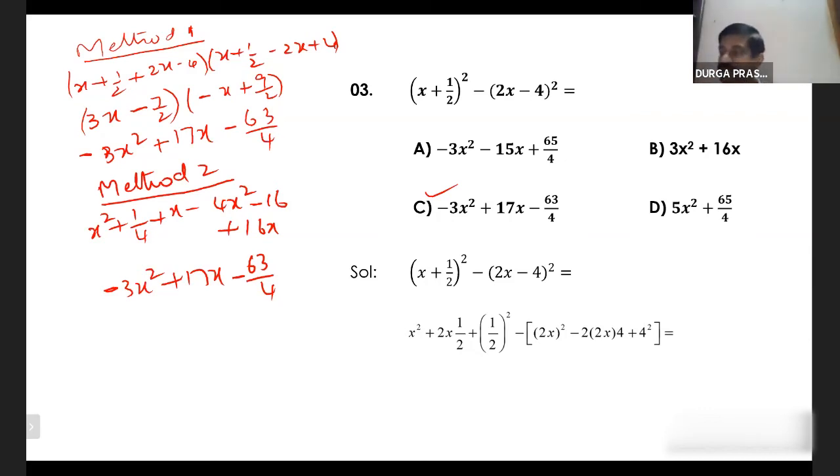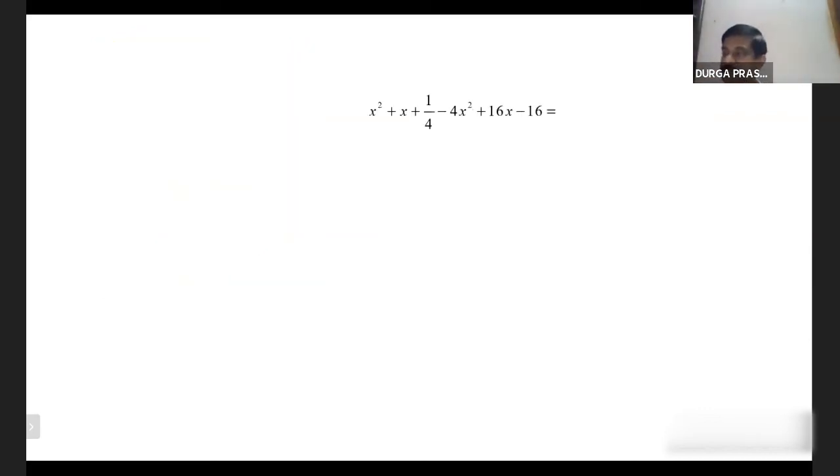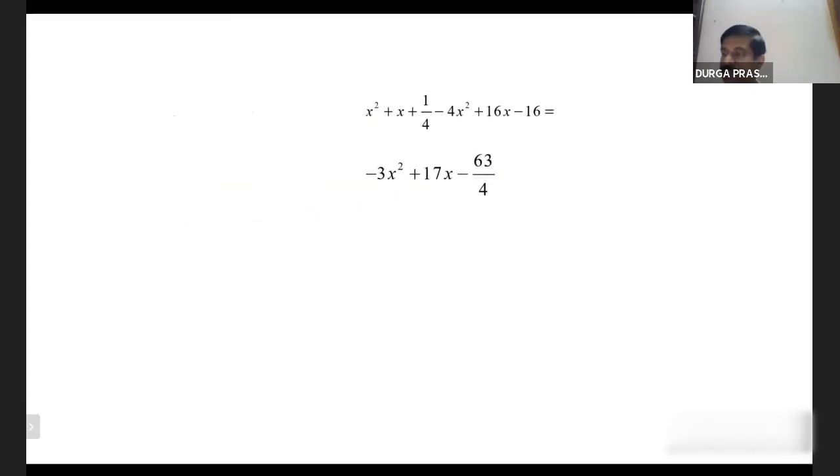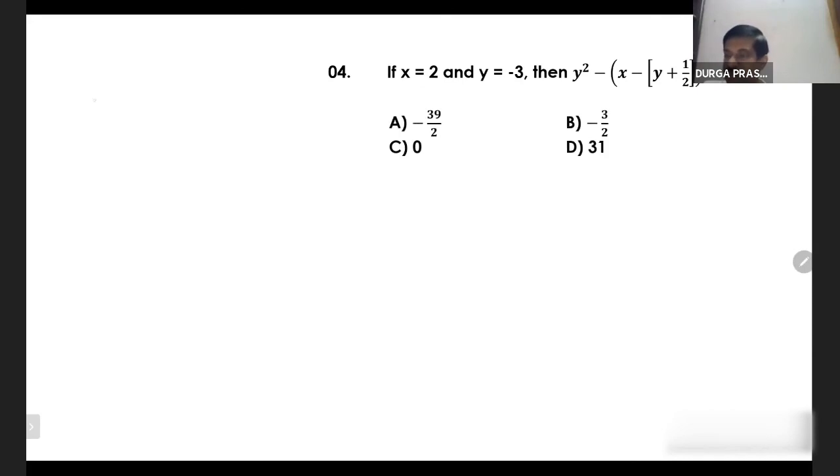Okay, let us go to the next question. Yeah, look at this. X equal to 2, y equal to minus 3, then that. So better we substitute the values and then check. Minus 3 square is 9. Minus 3 square is 9 directly.